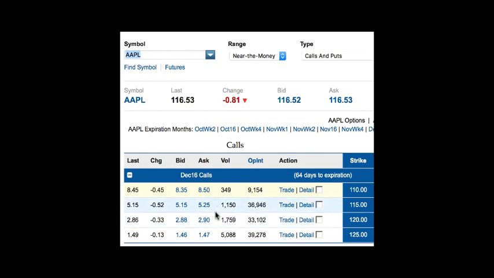And that means that you just make the difference between $525 and $290. You're making $235 on something you paid $290 for, just for a small price movement in Apple stock. And that's just if you buy one contract. If you buy 3 contracts, you're multiplying that by 3, and that's going to be something like a $700 gain for you. And that's where you really get that power of options from.